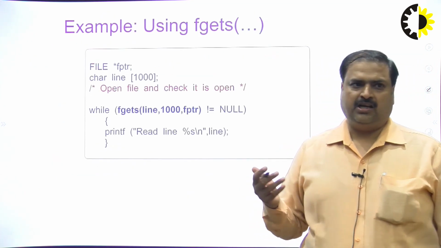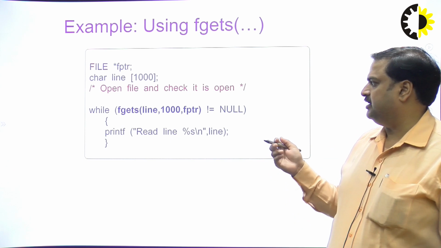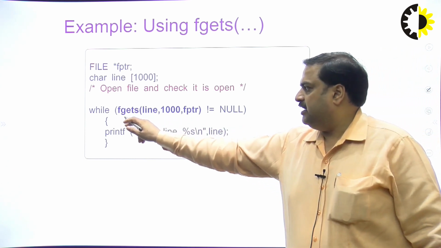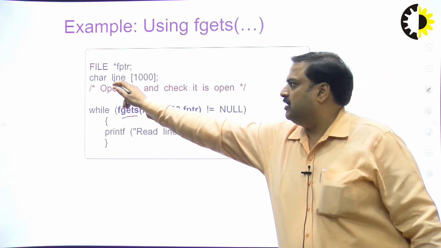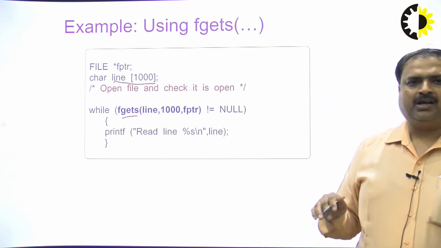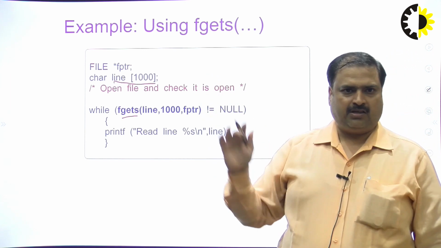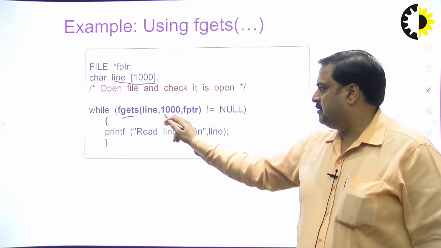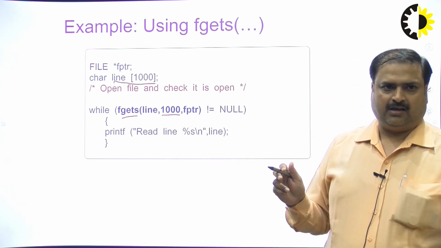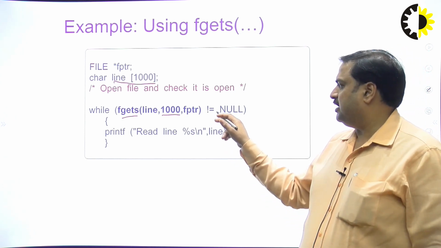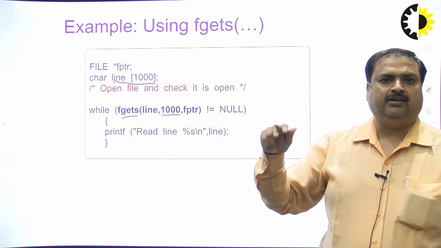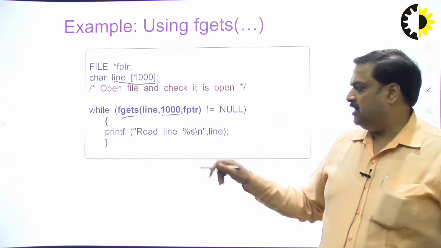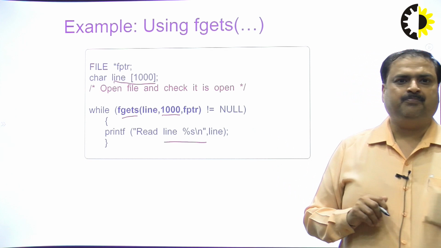It returns null if there is no data remaining. Like here in this example, with fgets we are reading into line. Line is a buffer, a character array of size 1000. So the maximum we can read is 1000, and until it returns null we keep reading and writing onto the screen.